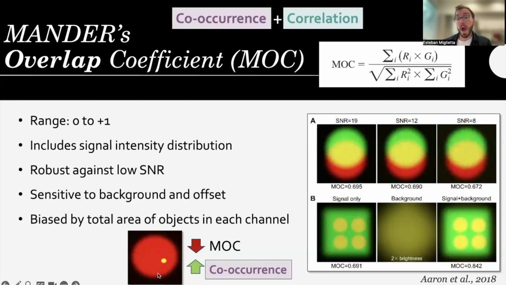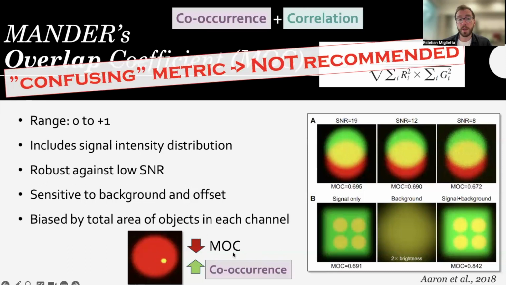And even though I would argue there is a high co-occurrence here because all of the green signal is co-occurring with the red signal, the measured MOC for this is very low. Thus, some authors in the literature have described the Manders overlap coefficient, or MOC, as a confusing metric that is sometimes difficult to interpret, and so they don't recommend it very much.